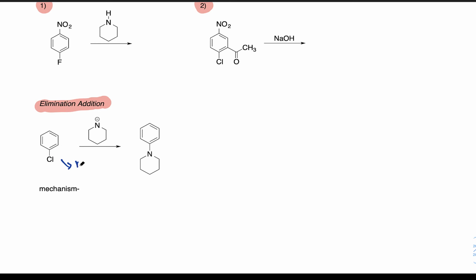So it's not as electron poor, but we have this really good nucleophile, N minus. Anything with N minus is a really, really good nucleophile. So it's really reactive. Okay, and that's kind of the crux here of this mechanism that we're going to see.